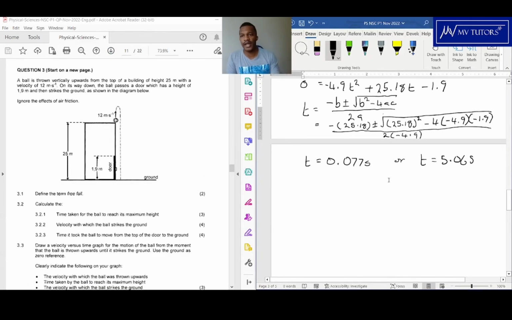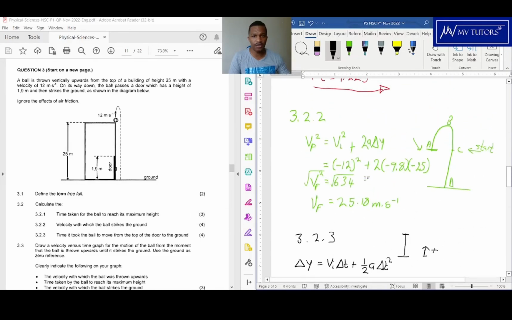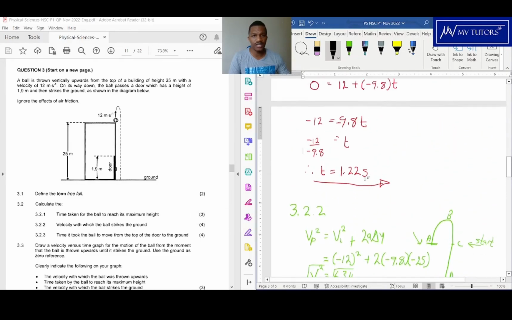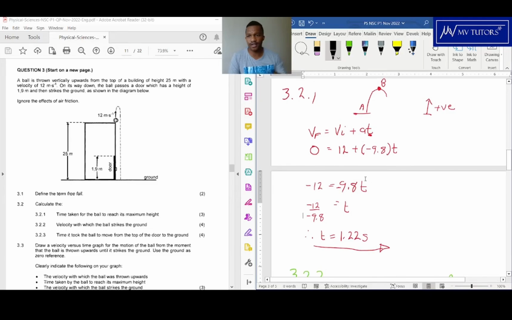Now look at this. 5 seconds is a bit too much for a distance of 1.9 meters, considering that, remember, we solved for t right over here in 3.2.1, the time it takes the ball to reach the maximum height.